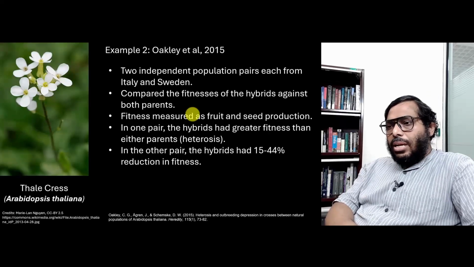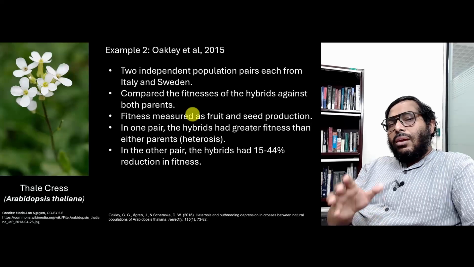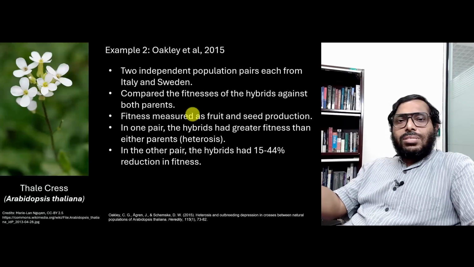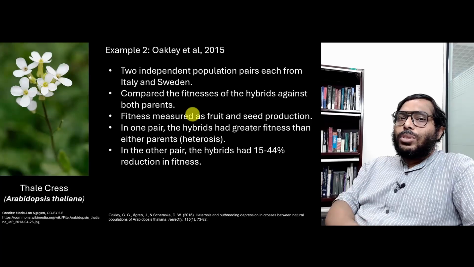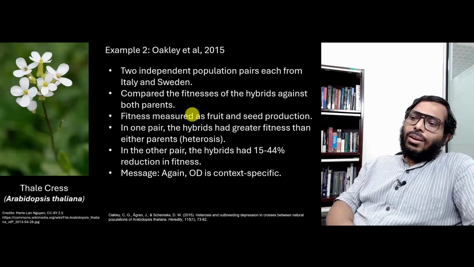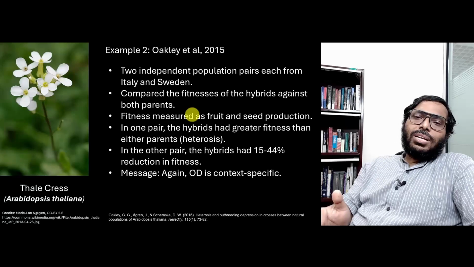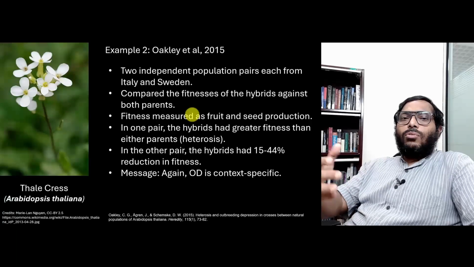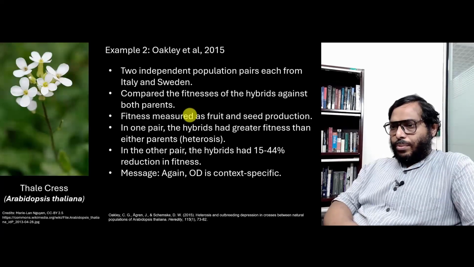So, what this is telling you is that even within the same species, sometimes you will have heterosis and sometimes you will have outbreeding depression, which again boils down to the same thing. Outbreeding depression is very context specific. It all depends on which species, which environment, under what condition, and so on and so forth.